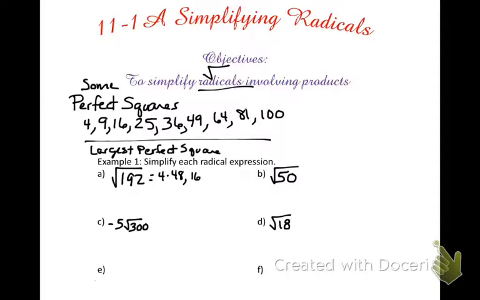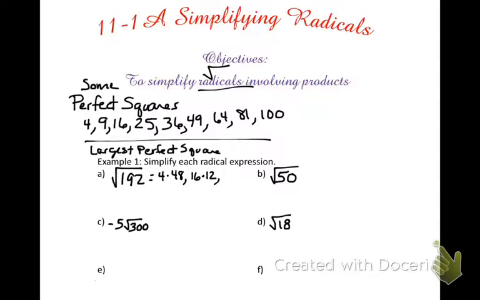So 16 times 12. Well, I know that 4 can go into 12, so that is not a perfect square completely. I could go through all these numbers, but 16 times 4, let's see what 16 times 4 is. That's 64. Oh, that's a perfect square.